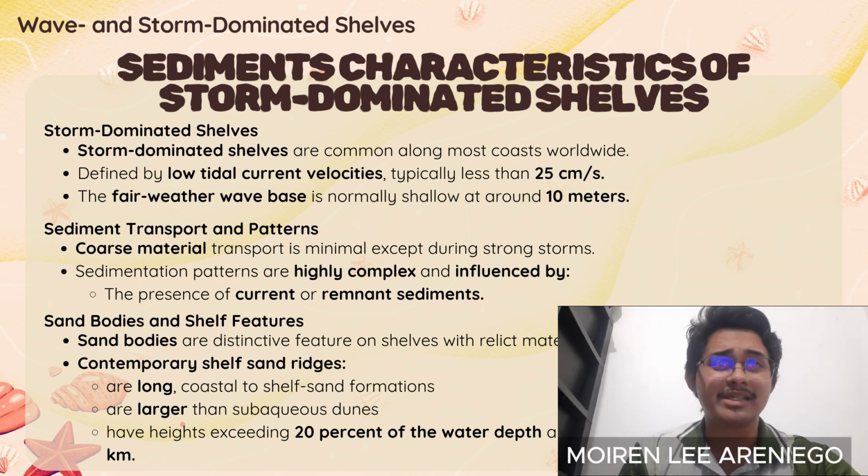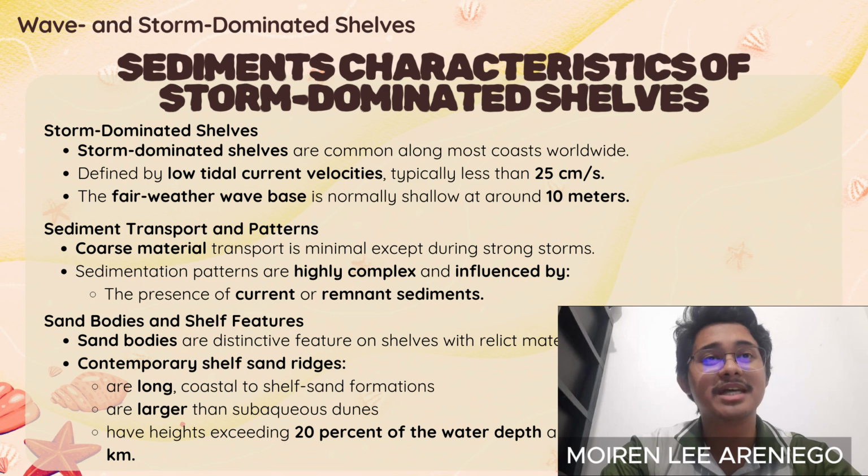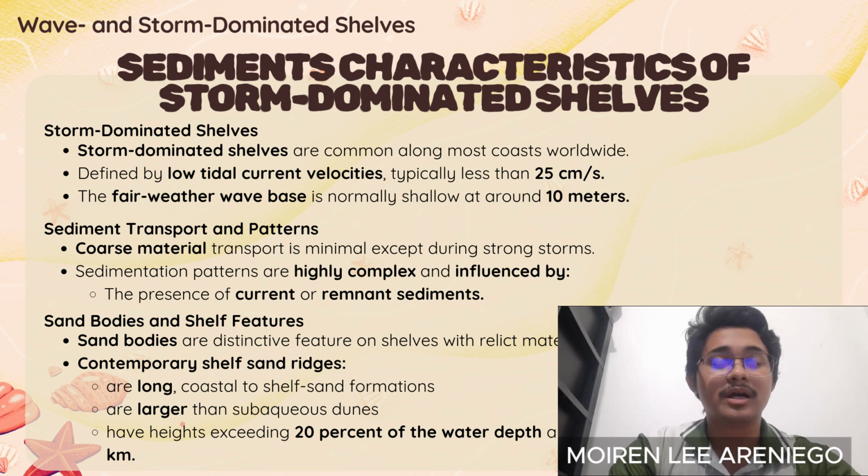Storm-dominated shelves can have highly complex sedimentation patterns, depending in part on how much current or remnant sediment covers the shelf. Let's go to the sediment transport and patterns. Coarse material transport is minimal except during strong storms. Sedimentation patterns are highly complex and influenced by the presence of currents or remnant sediments.